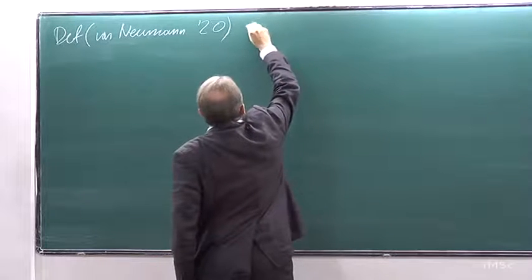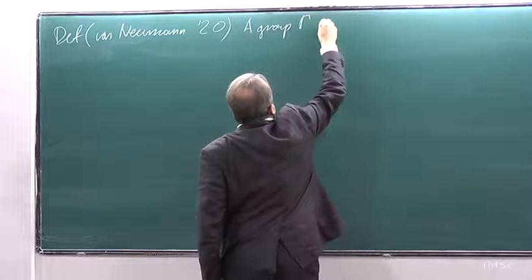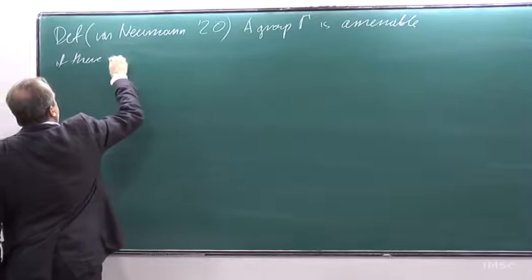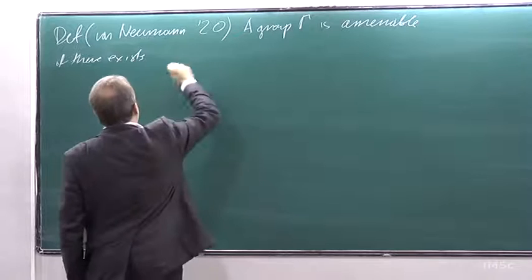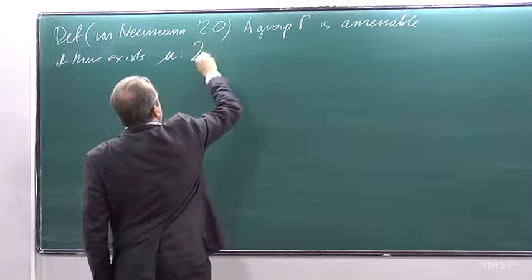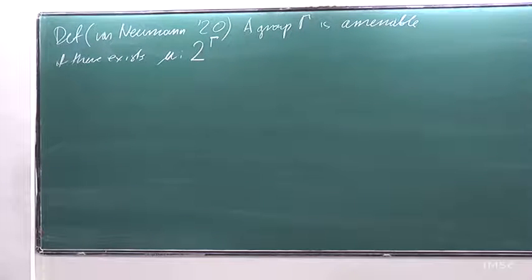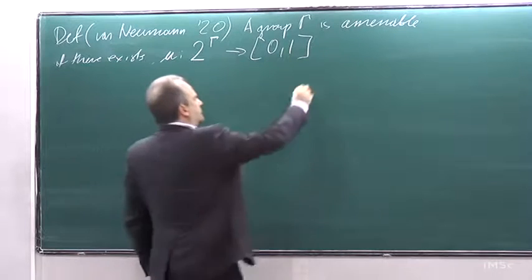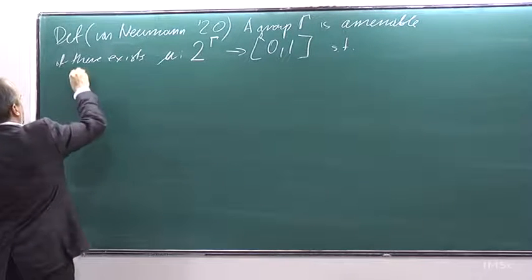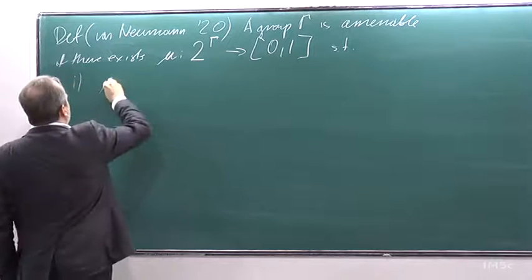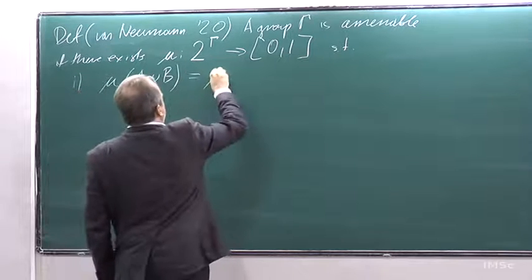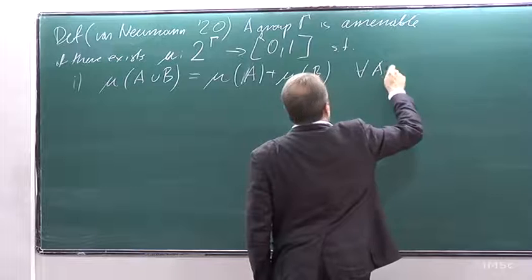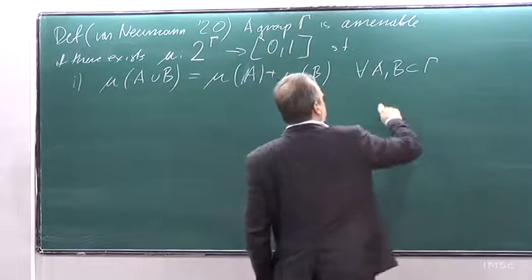So we say that a group gamma is amenable if there exists a mean, a probability measure defined on all subsets of this group, with values in 0, 1, such that, well, it's a measure, so it's finitely additive: the measure of the union is the sum of the measures, for all subsets of gamma which are disjoint.